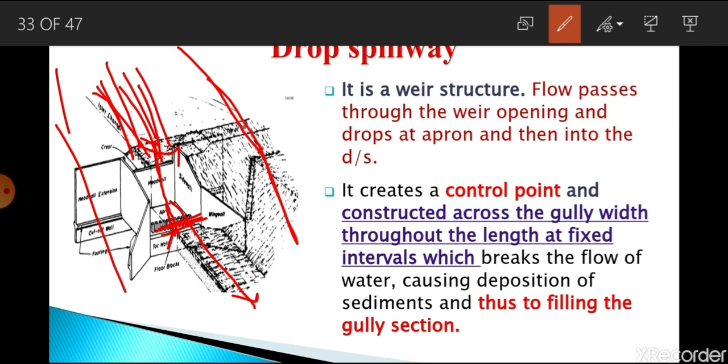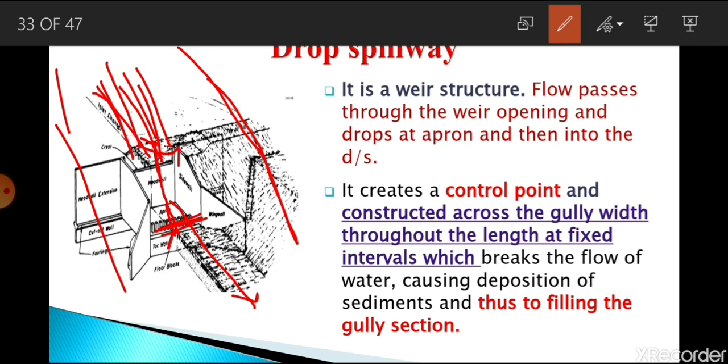Similarly, when a similar kind of structure with the same function is built using RCC, a mixture of cement, sand, gravel, porous gravel and iron rods, it is called a permanent structure. Similarly, the apron was there in the temporary structure, and in the permanent structure also.